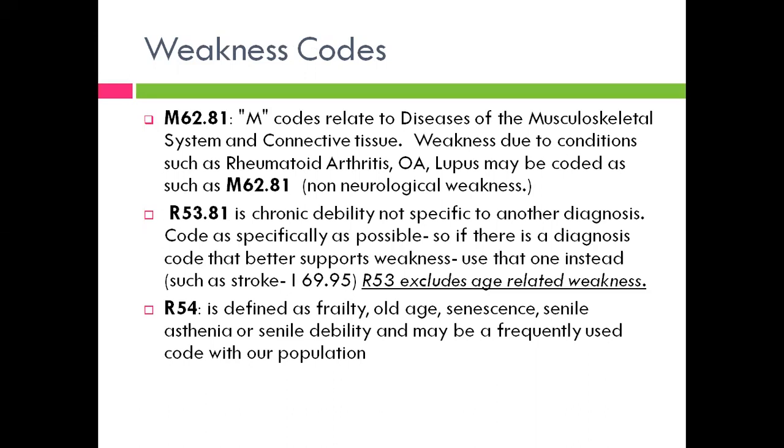So for example, if there's a hemiplegia code, we might choose that as opposed to that chronic debility code. R54 is defined as frailty or age-related weakness, and this might be a more likely choice for a generic weakness code with our population.